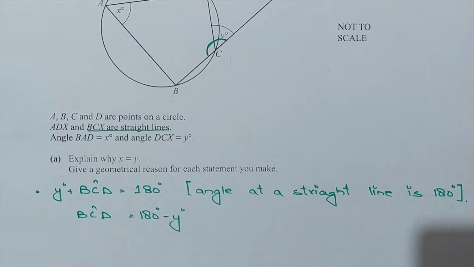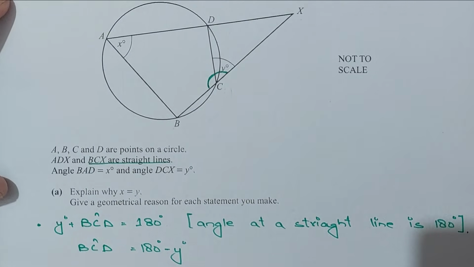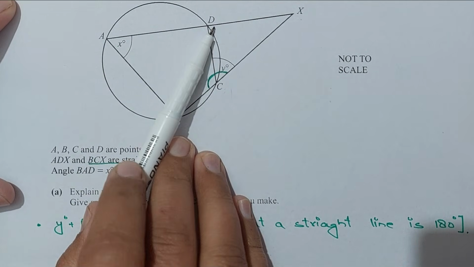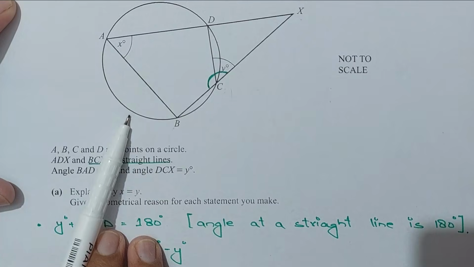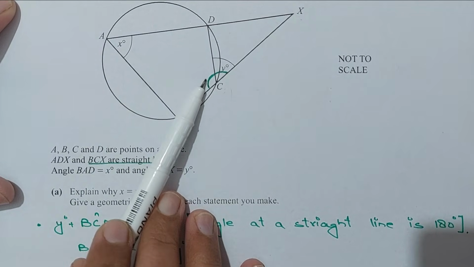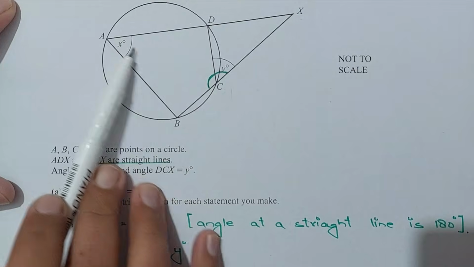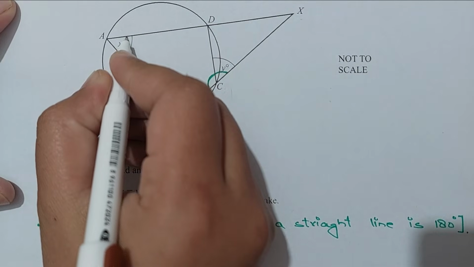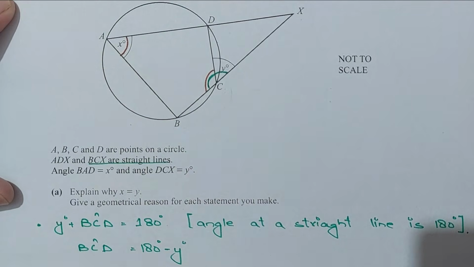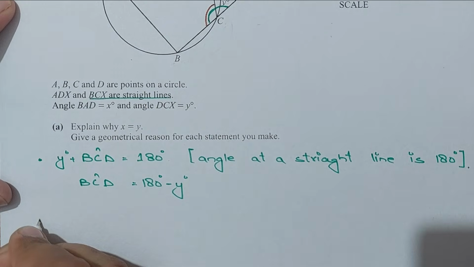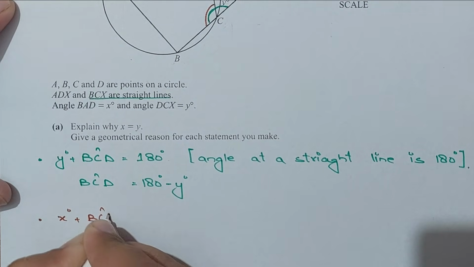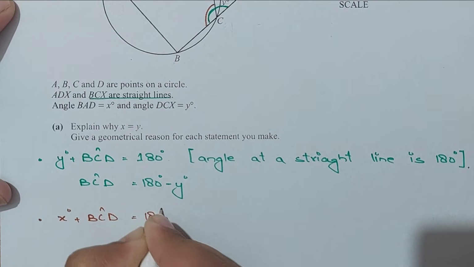Now for the second statement, as you can see, A, B, C, D make a cyclic quadrilateral. This is a quadrilateral inside the circle. And we know that opposite angles in a cyclic quadrilateral add up to 180. So the opposite angles are this and this angle. They add up to 180 degrees. So we can say the opposite angle x degrees and the angle BCD add up to 180 degrees.